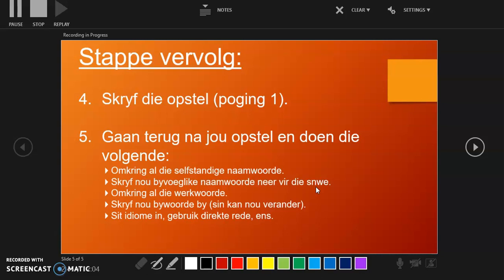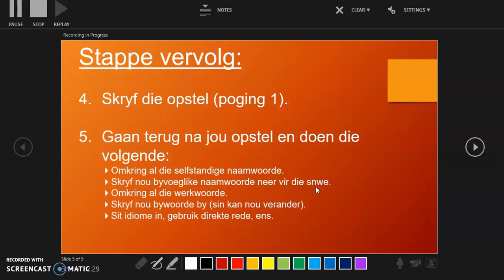Dan kan jy byvoorbeeld skryf die groot vliegtuig vlieg in die lug. So you see, you add an adjective to your noun. Then it makes the sentence better and stronger. So encircle all the nouns and then add adjectives to make the sentence even better and stronger.